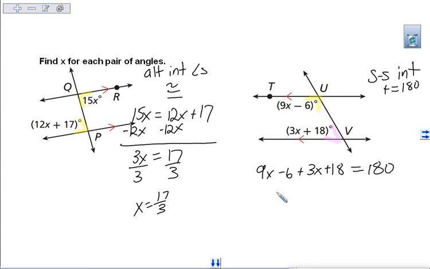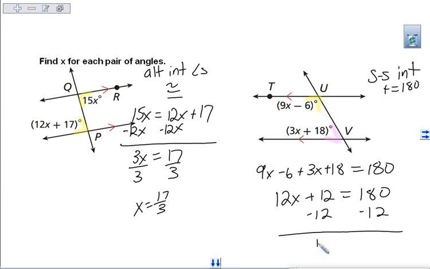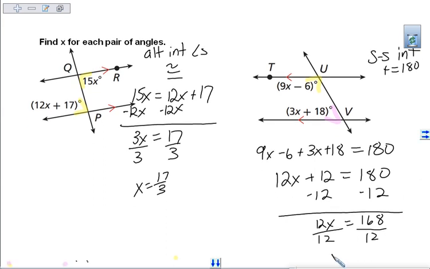We're going to combine our like terms. So 12x plus 12 equals 180. Subtract 12 from both sides. Then we're going to divide by 12. So x equals 14.